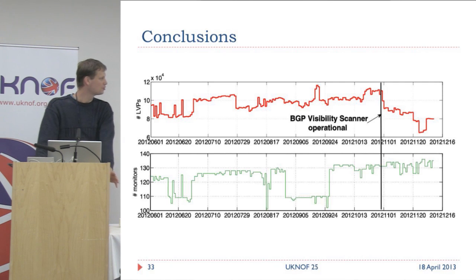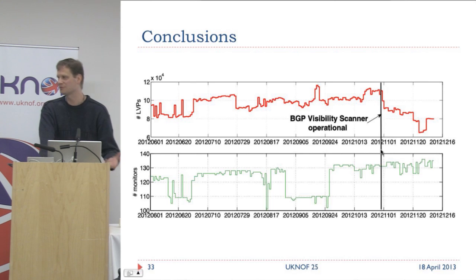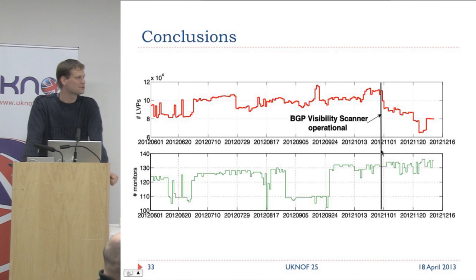Just to conclude, this is showing a log about limited visibility prefixes. By the time our tool was operational and we found the first cases, we also saw that there were some errors in the data.